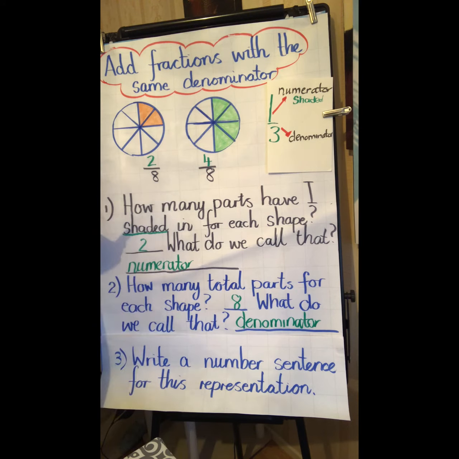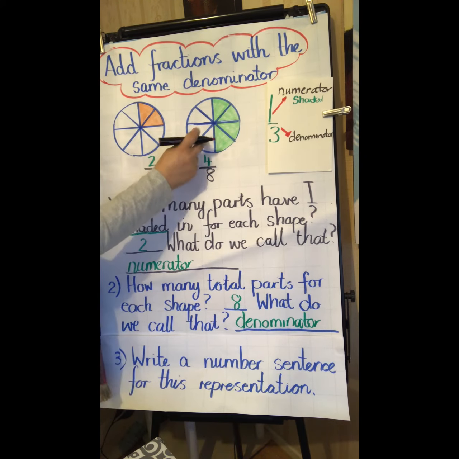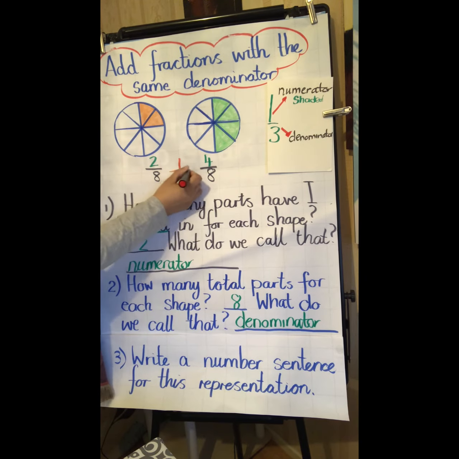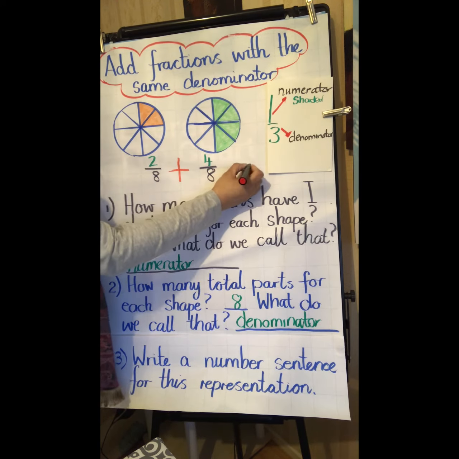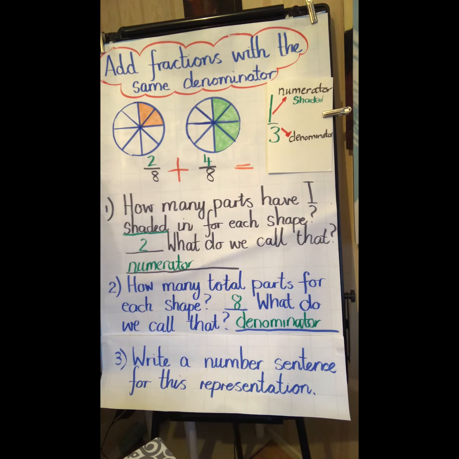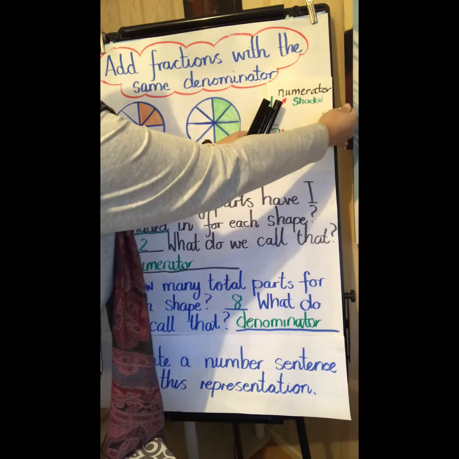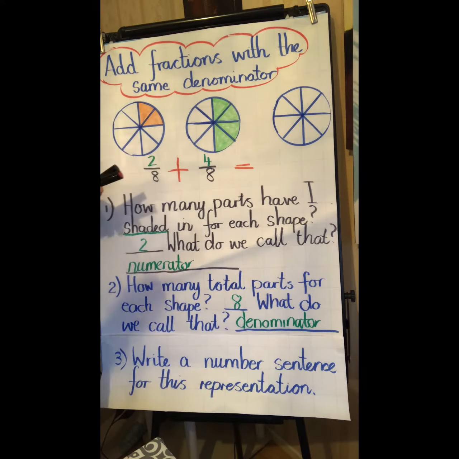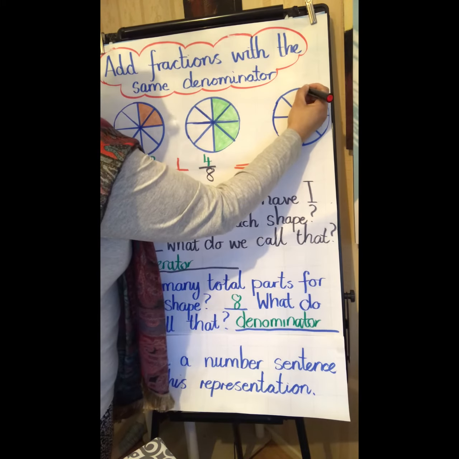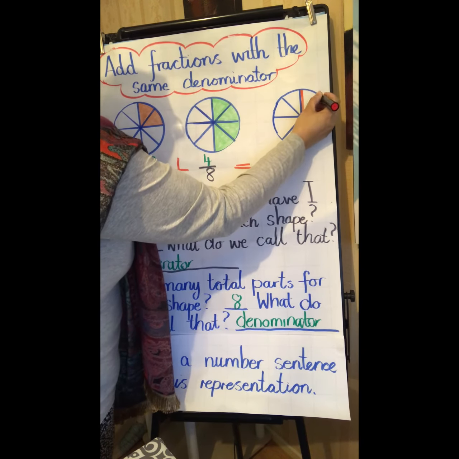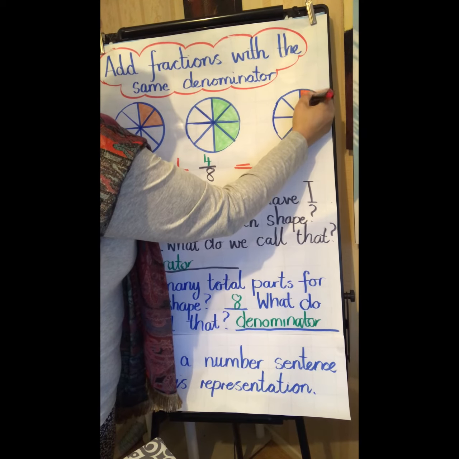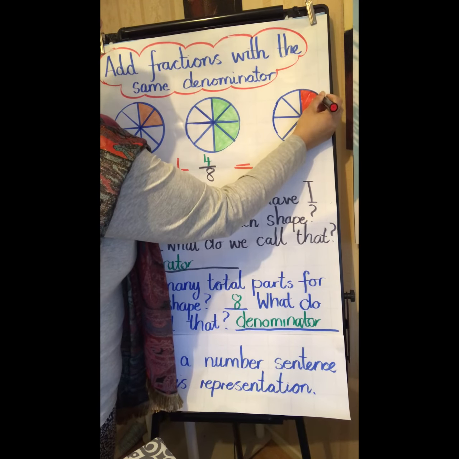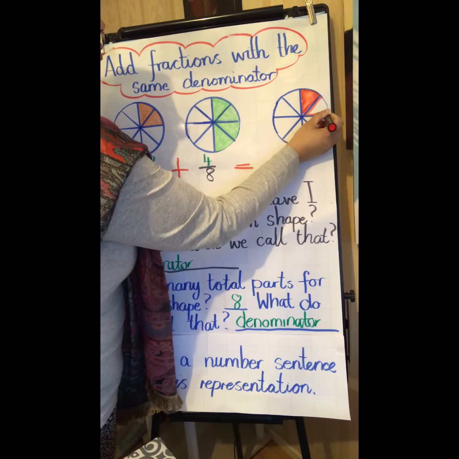So we can say that 2 8s, this shape here, 2 8s plus 4 8s is equal to. So let's work that out. So 2 8s, so let's color in 2 parts. 1, 2.